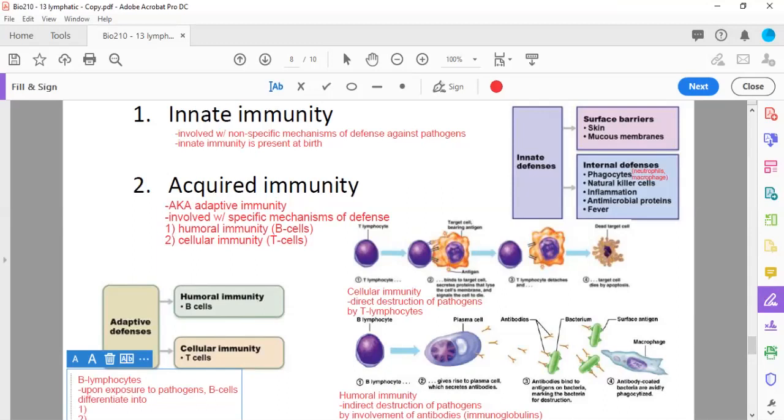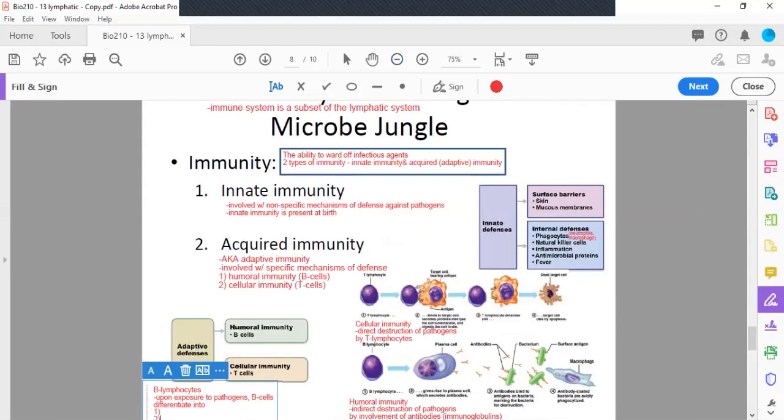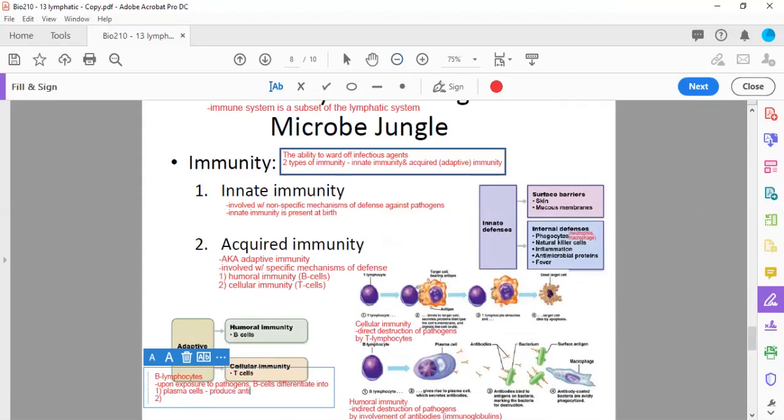I'm going to move this up because I'm running out of space. The first one is called plasma cells. Now these cells produce antibodies.